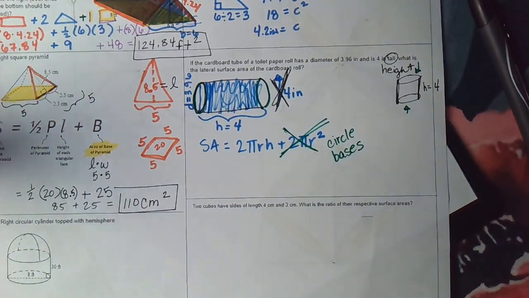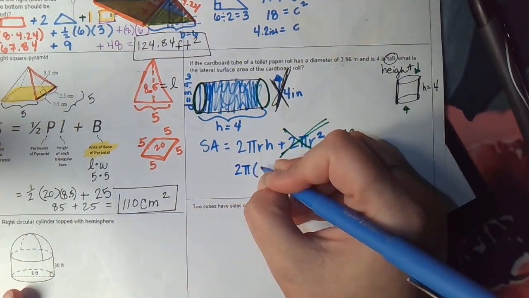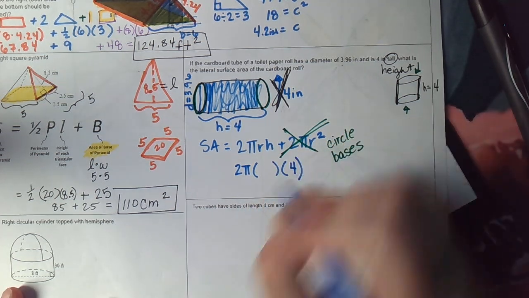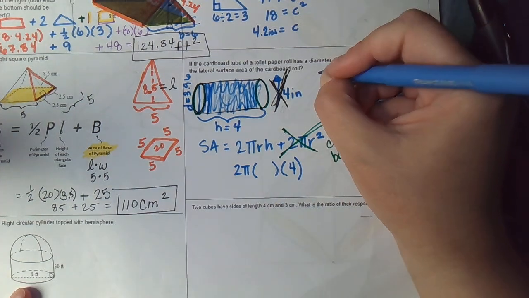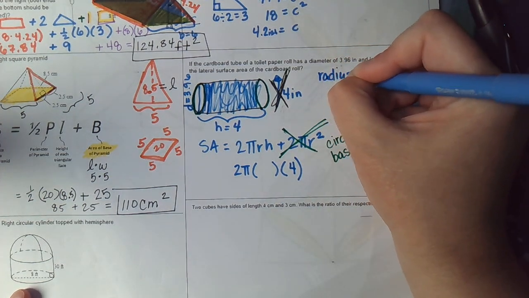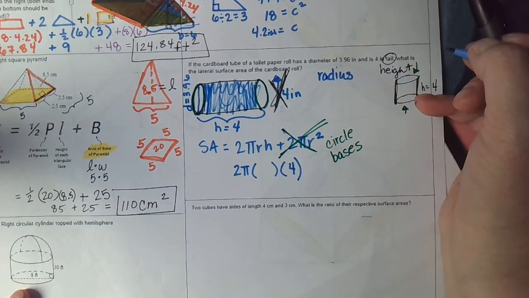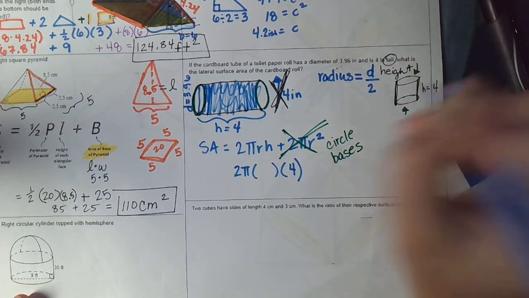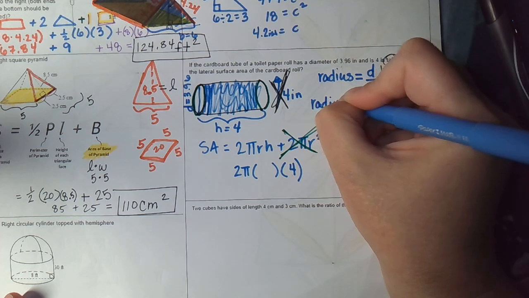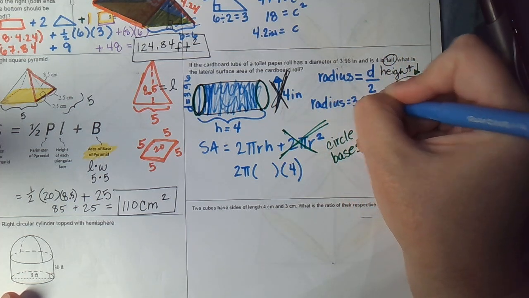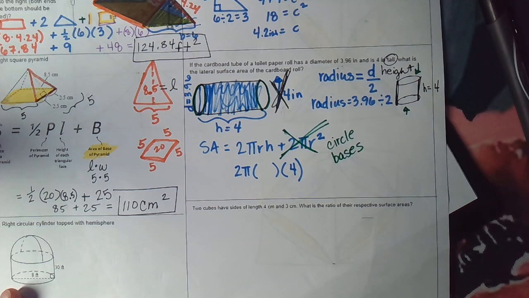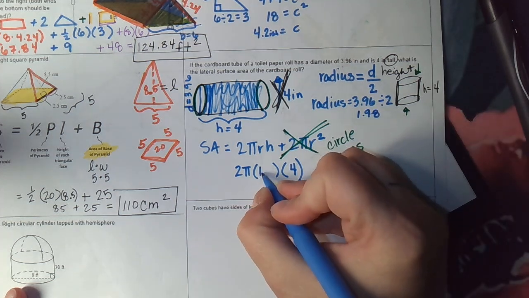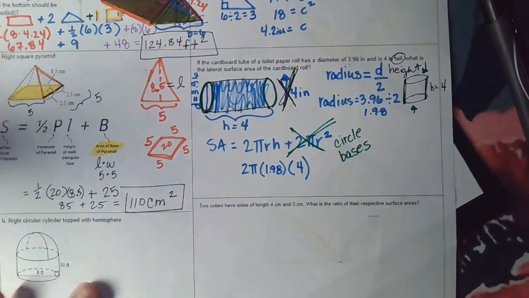Okay, so let's see here. We're going to have 2 pi times my r. We don't know it. My h is 4. My r comes from the radius, or the diameter divided by 2. So my radius is that 3.96 divided by 2, or 1.98. All right.